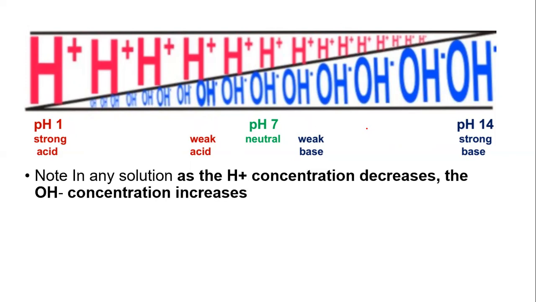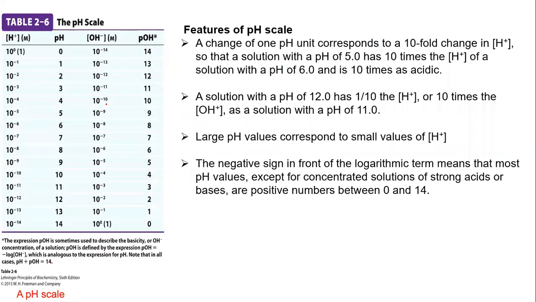Very simple. Good. Now, note that in any solution, as the H plus concentration increases, the OH minus decreases. Very simple, right? So now the table here shows the same thing, that the concentration of the H plus here is decreasing, right? Now, once it's decreasing, the pH will be increasing. Good.